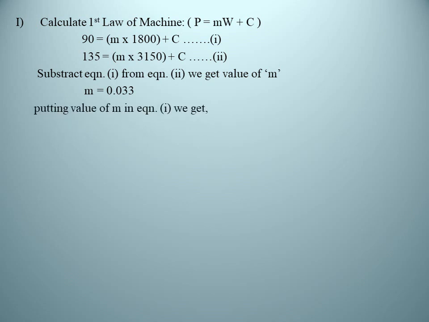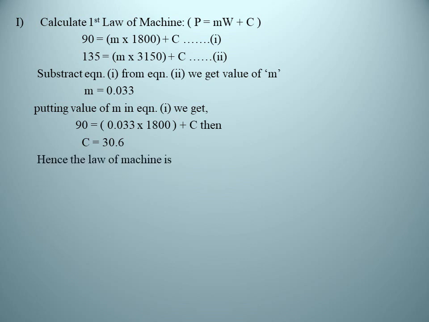Okay, then put this value of m in equation number 1, and by solving we get the value of C as 30.6. Okay, we get the values of m and C. Put these values in the law of machine equation, and we get the law of machine as P is equal to 0.033 into W plus 30.6, and this is the equation of the law of machine.